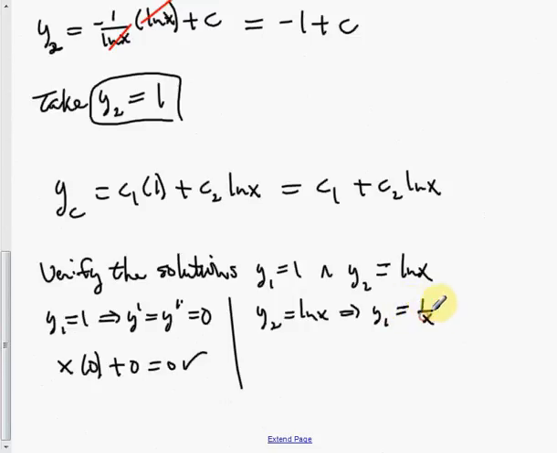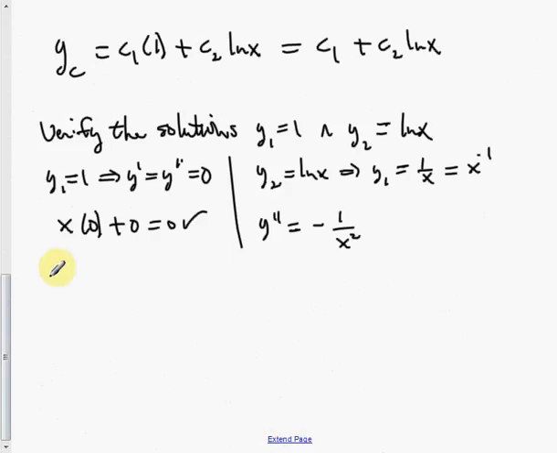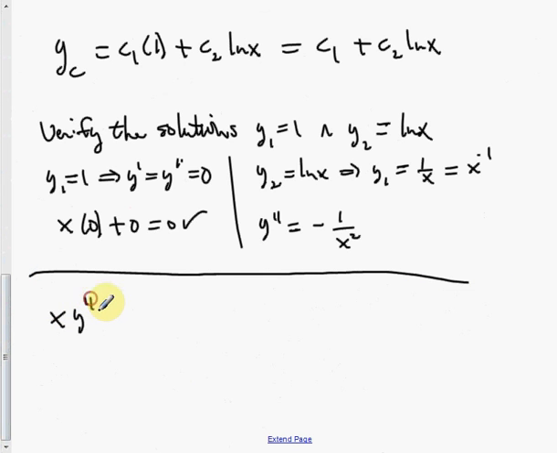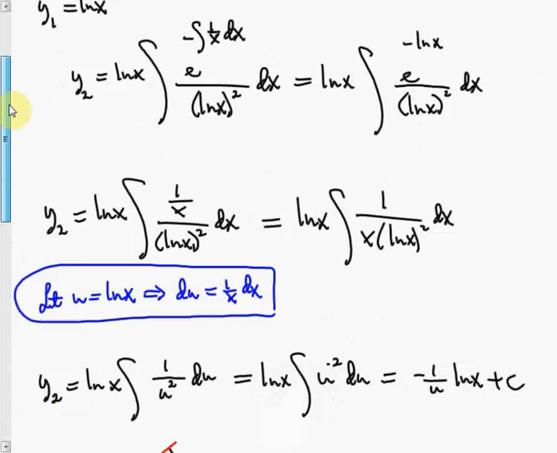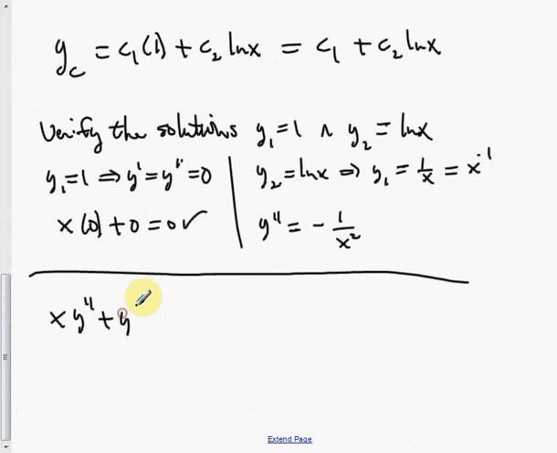If you let y sub 2 equal the natural log of x, its derivative, y prime, is 1 over x. That's x to the negative 1. And then y double prime is negative 1 over x squared. So you plug that in. This is x times y double prime. Is it plus x or plus y prime?